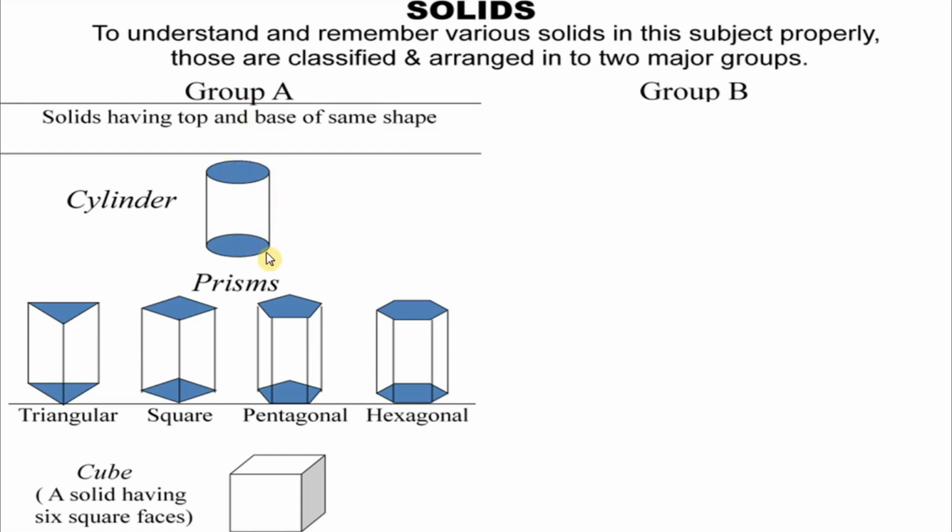Both the bases have the same shape, that is true shape. Similarly, the prisms. There are various types of prisms: triangular prism, square prism, pentagonal prism, hexagonal prism, etc. All the prisms have the same shape on top and bottom. That is, both of their bases are equal in shape and size.